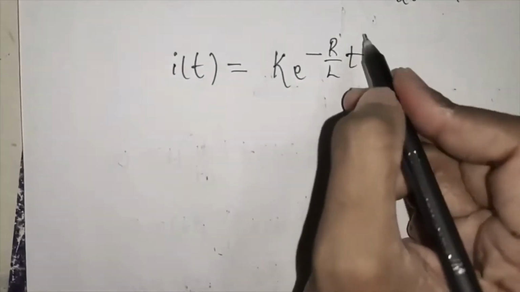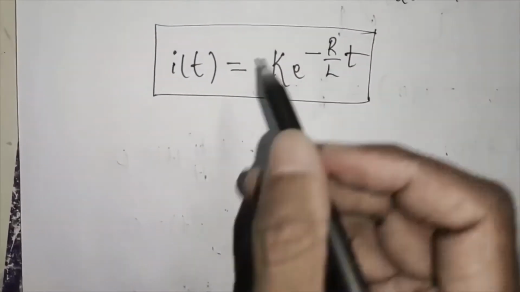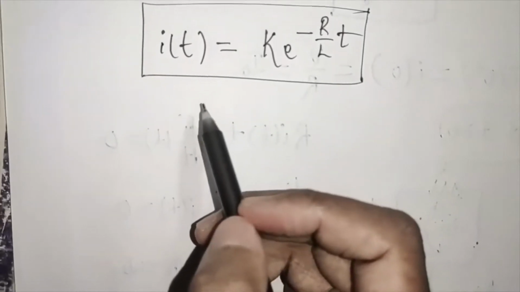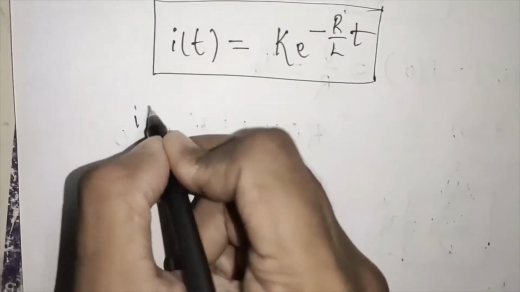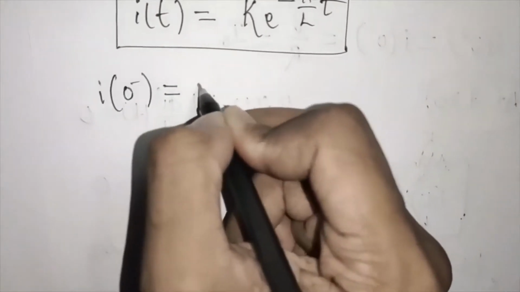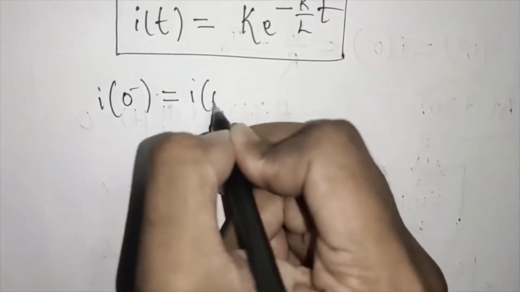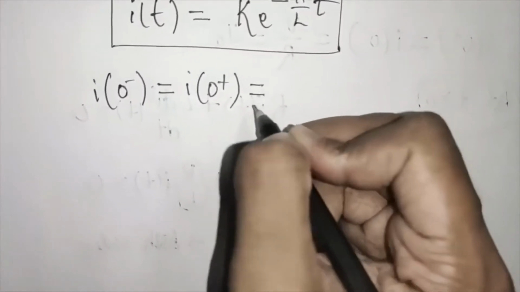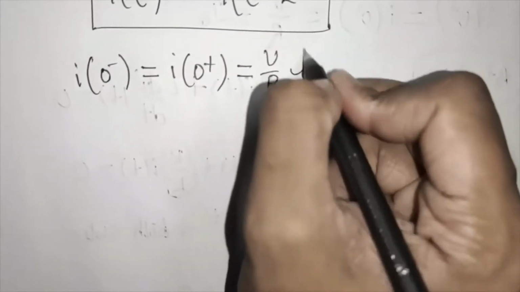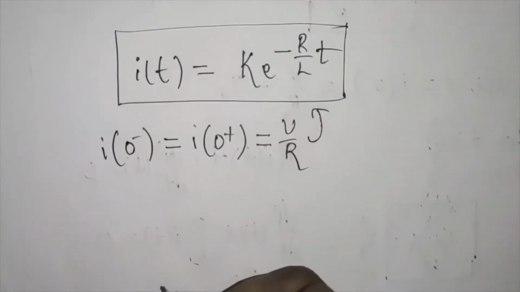In order to find the value of the constant k, we should use initial conditions. We know that I of 0 minus, which we have obtained, is equal to I of 0 plus, that is V by R.